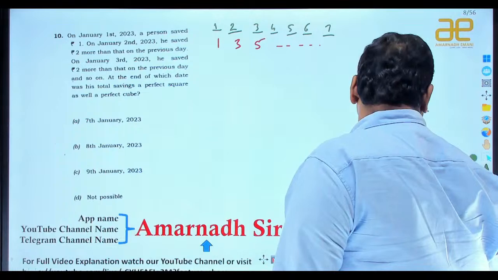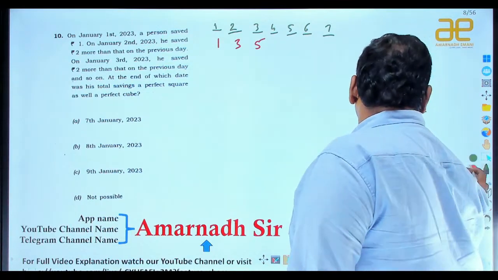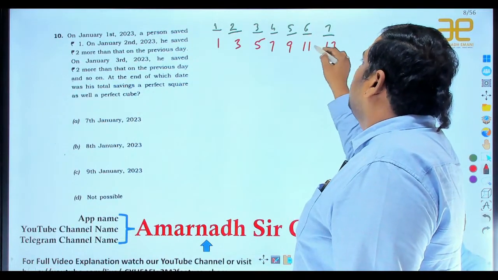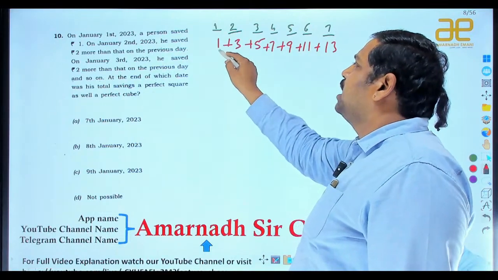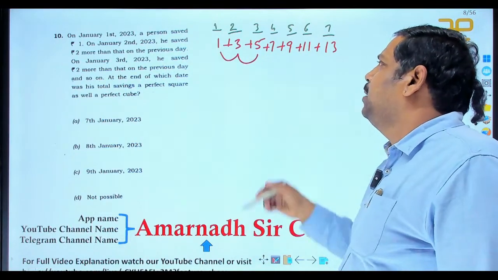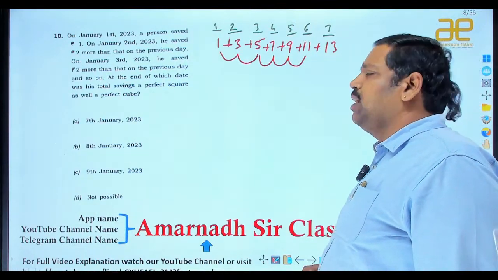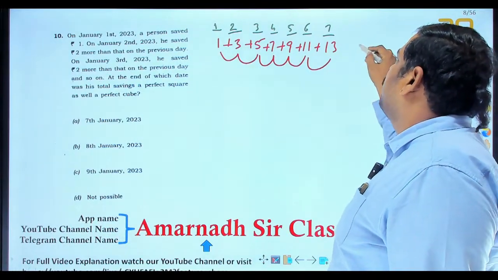I'll calculate manually because those are not big numbers. Now I can write that it increases by 2 each time, so 9, 11 and 13. Now add them. 1 plus 3 means 4, 4 plus 5 means 9, 9 plus 7 means 16, plus 9 means 25, plus 11 means 36, 36 plus 13 means 49.